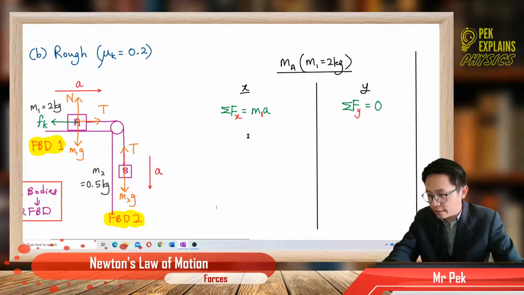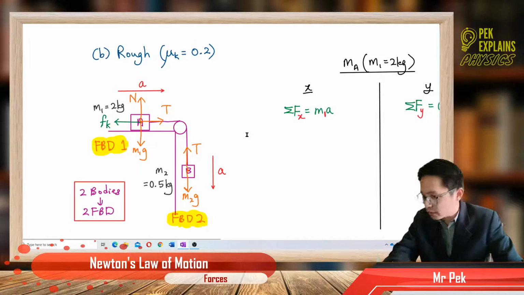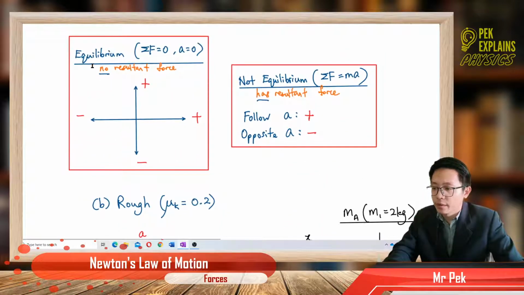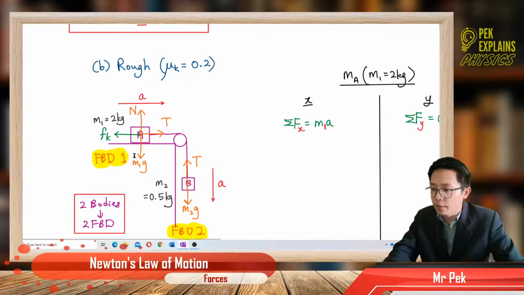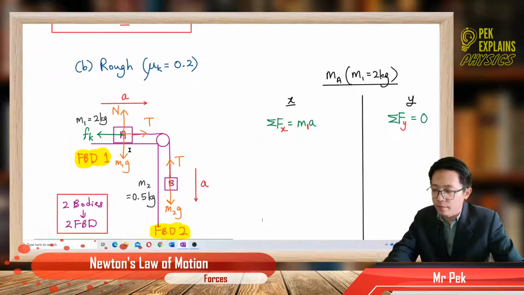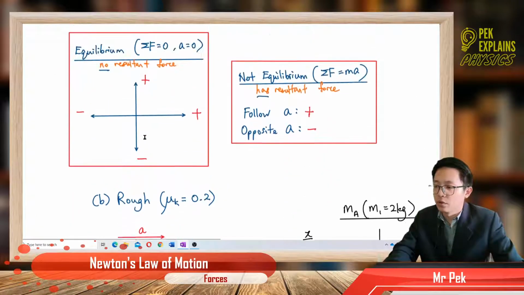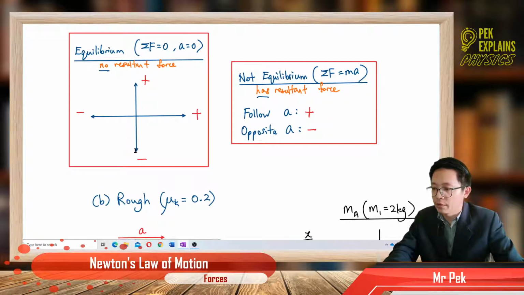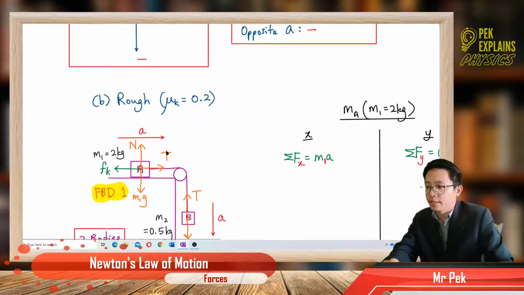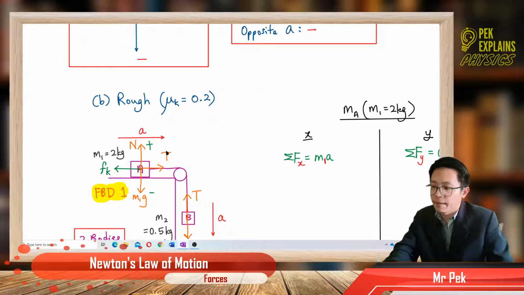Now let's write down the sign convention. For the y component, there is no acceleration, so Fy is 0. Going up is positive, going down is negative.